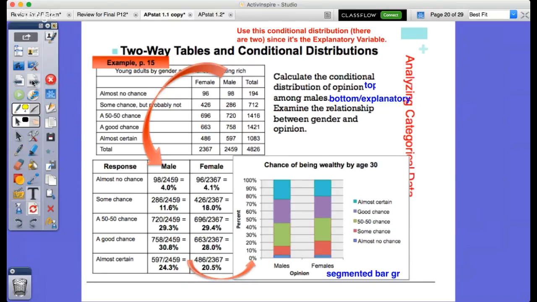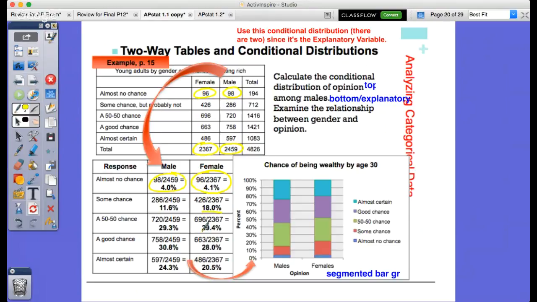So notice here, we're going to take, in this case, 98 and divide that by my, sorry about that, I circled the wrong one. So 98, divide that by 2,459. And in doing so, we get 4%. We do the same for females. And what we're doing is we're saying what percentage of females said that they had almost no chance of being rich.